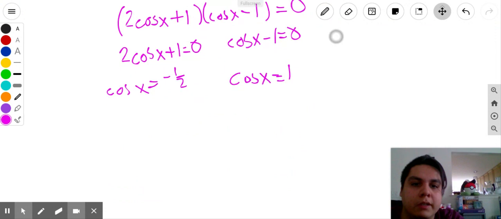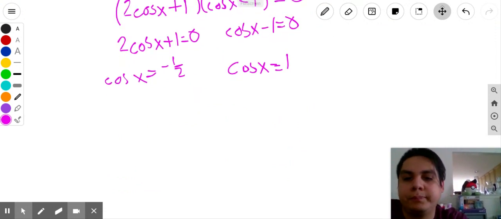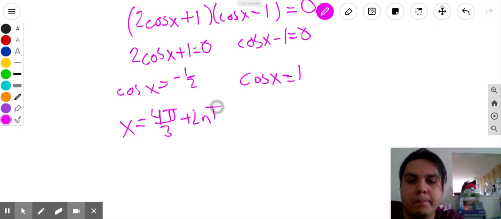And then using my knowledge of the good old unit circle, very easily I can solve this, saying x should equal 4 pi over 3 plus 2n pi. X should equal 2 pi over 3 because it should be in the second and third quadrant.